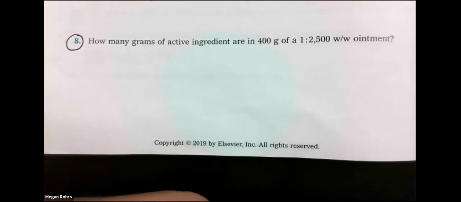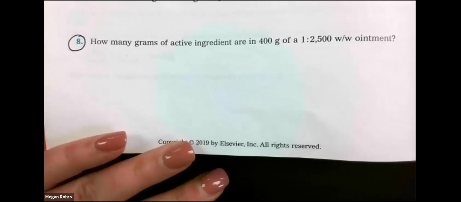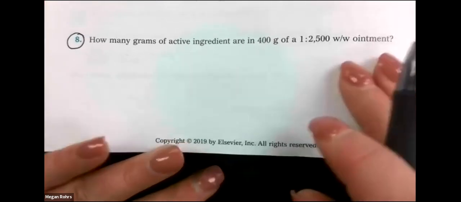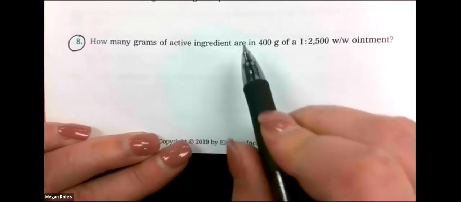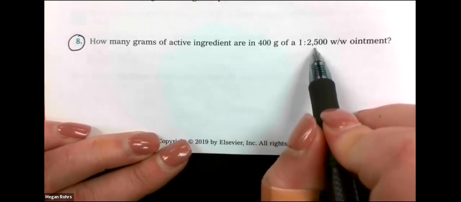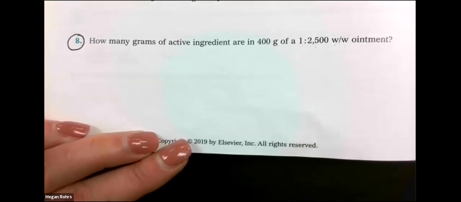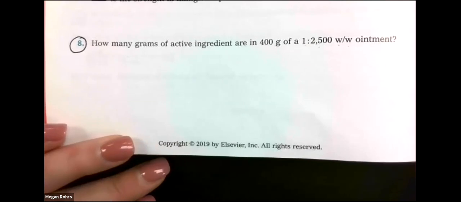Okay, I wanted to go through one last example. I am on page 344 on number 8. So this question says, how many grams of active ingredient are in 400 grams of a 1 to 2,500 weight per weight ointment? So here's another example of a weight per weight. So first, let's start with what we know.